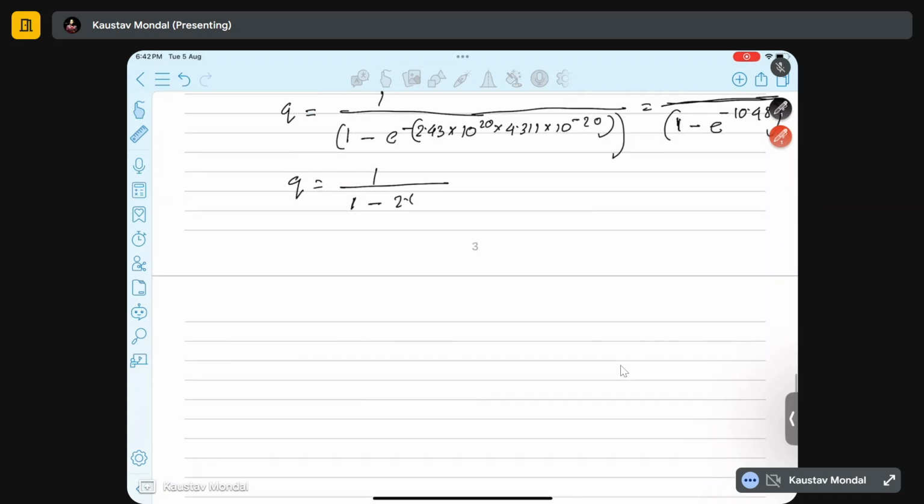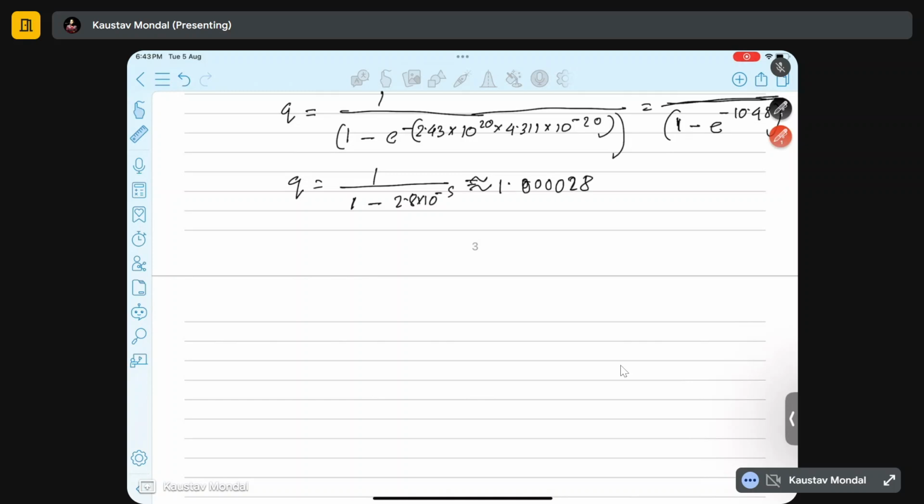Now if we do the further calculation, 1 would be the numerator, so 1 divided by 1 minus 2.8 into 10 to the power minus 5 basically gives you almost 1.004028.